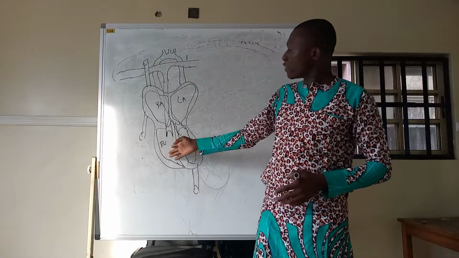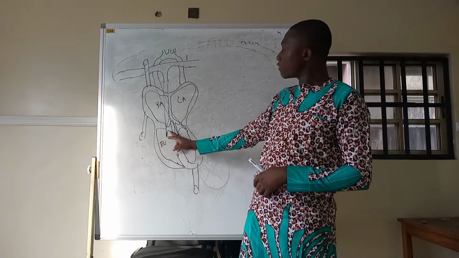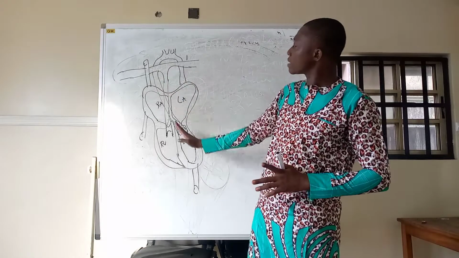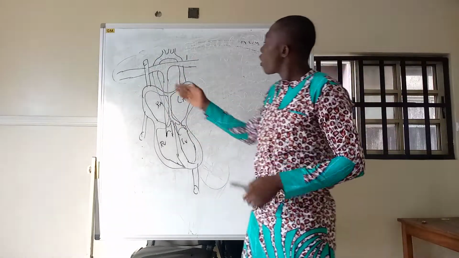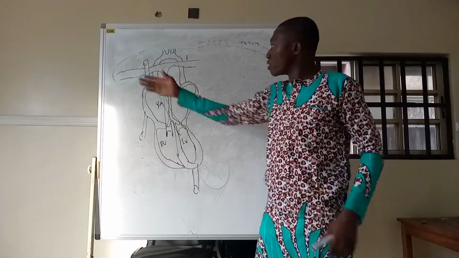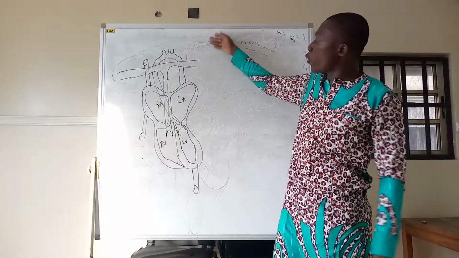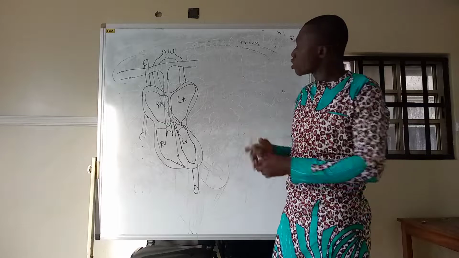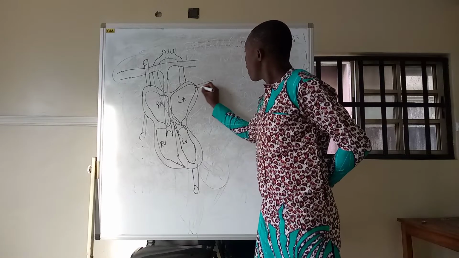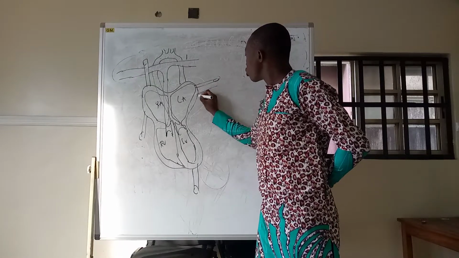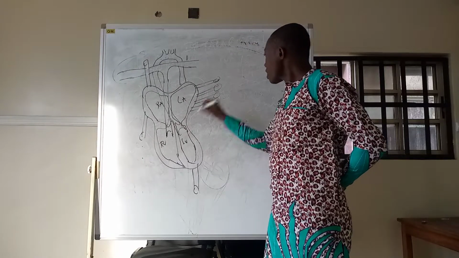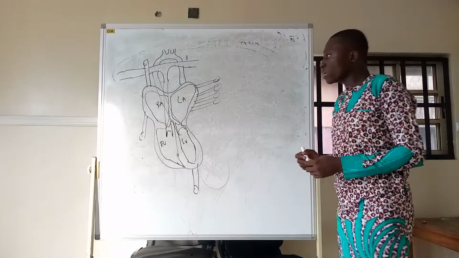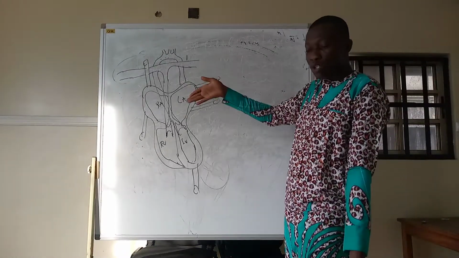From there it passes through the pulmonary valve into the pulmonary trunk, which bifurcates into the right and left pulmonary arteries. This goes to the right lung and this goes to the left lung. After oxygenation, the blood comes back to the left atrium through the pulmonary veins.